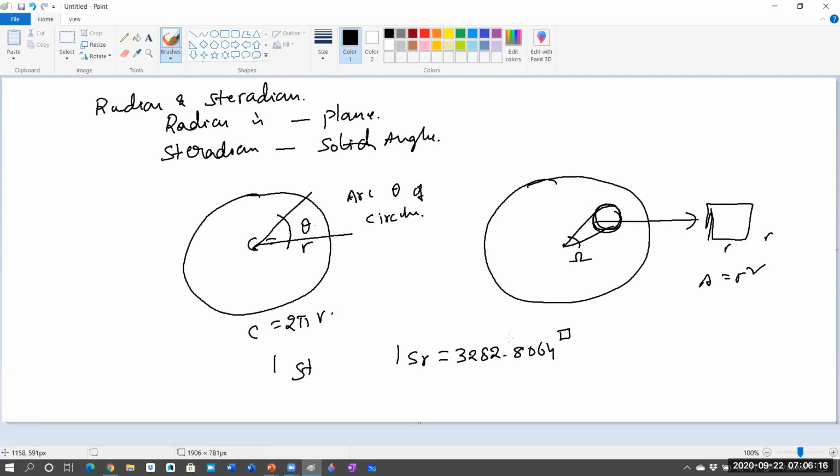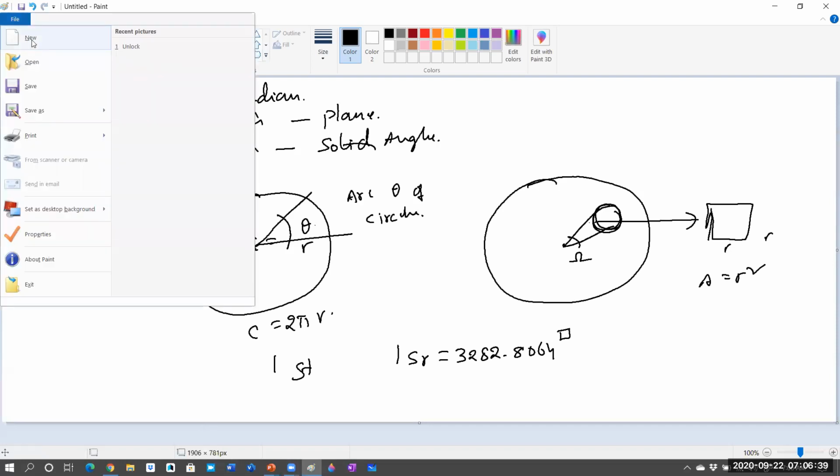We can represent it like this. This is the standard one. One steradian equals this many square degrees. Now the calculation of the beam area. I will write some equations right now.